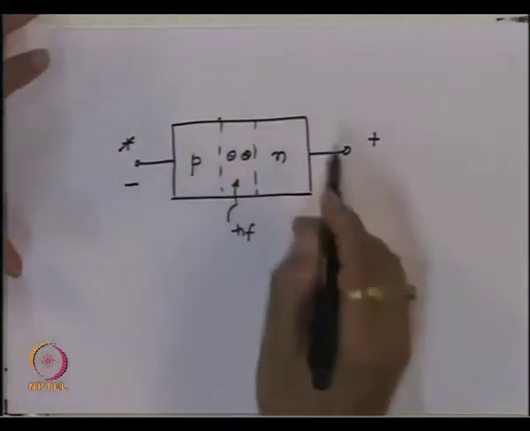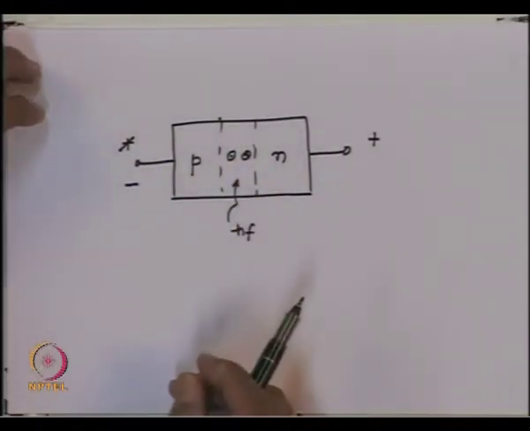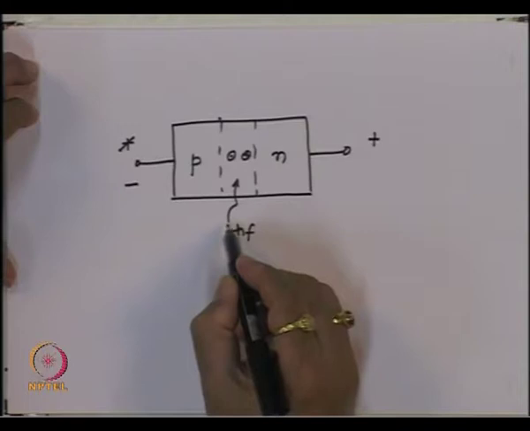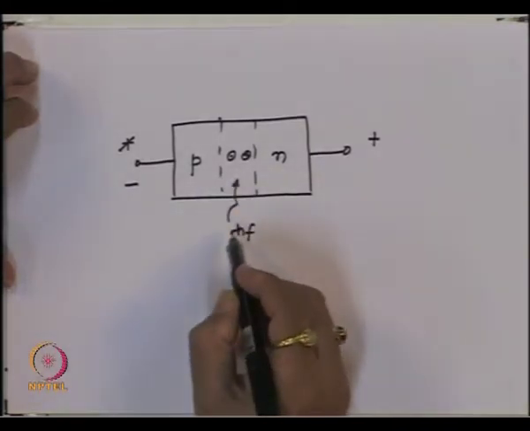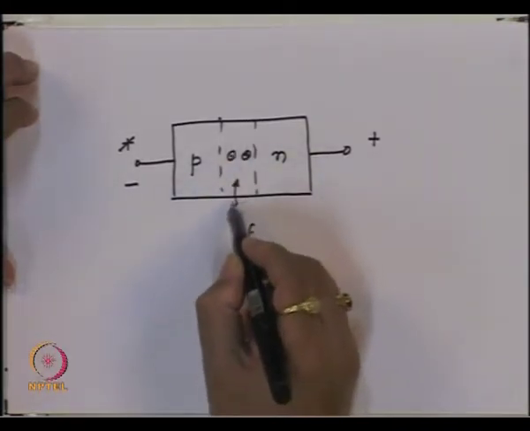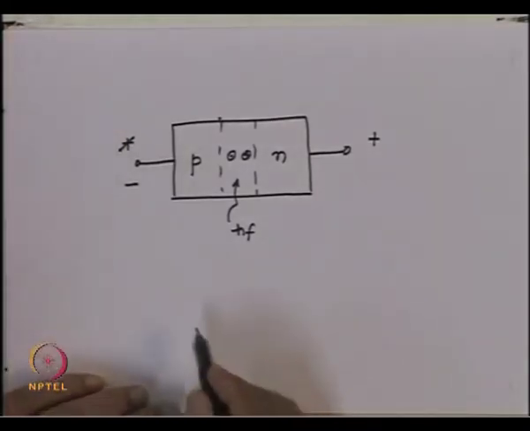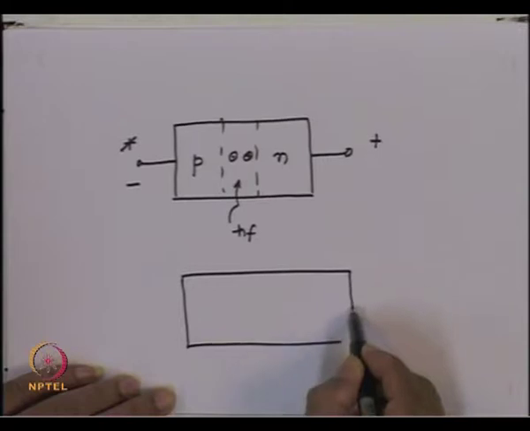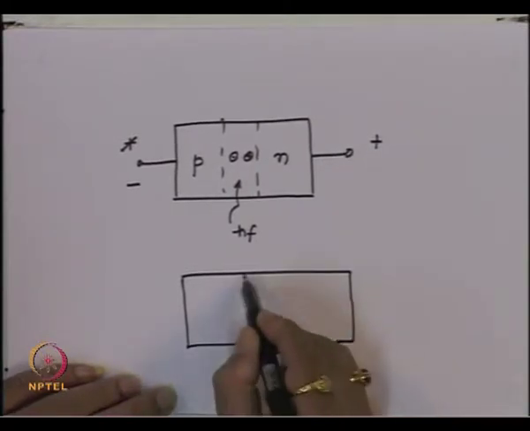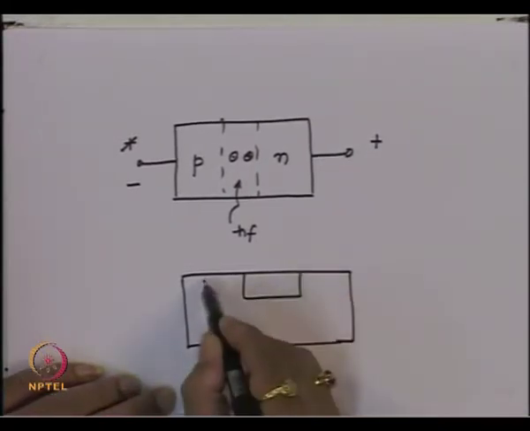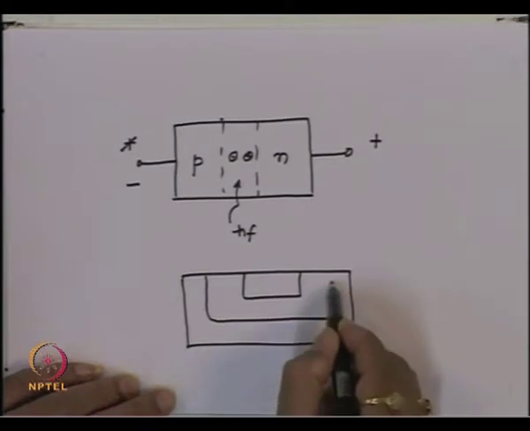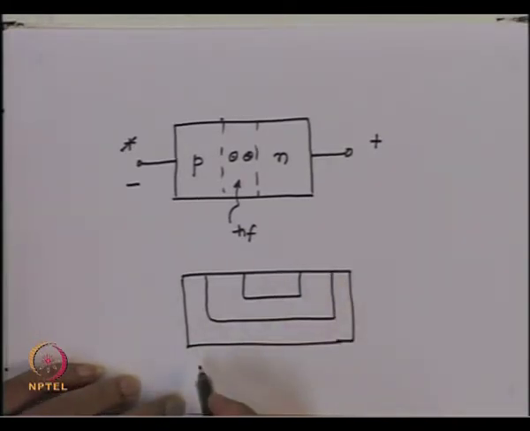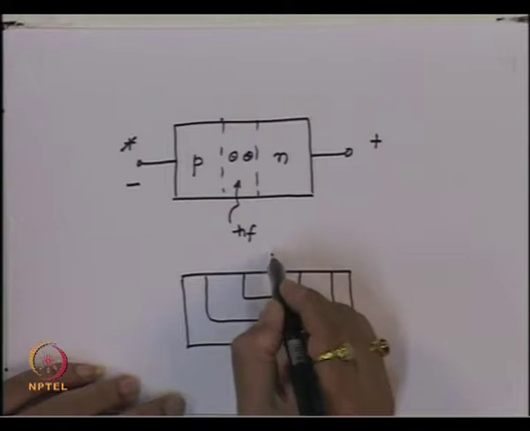But in real fabrication of the device, the photon is not incident in the depletion region the way we have shown here. If you consider the fabrication of a device, it will look something like this. We have a p-type material and an n-type material created this way, and then the photon will be incident like that.